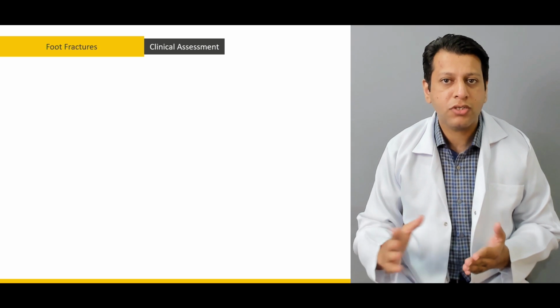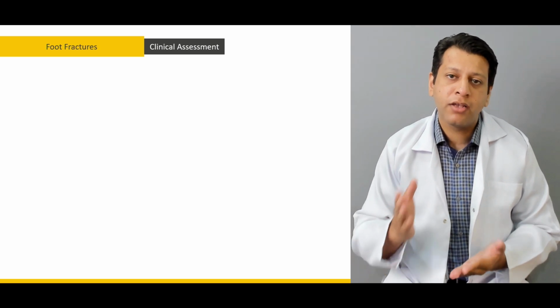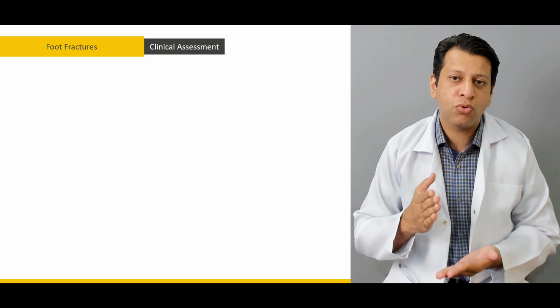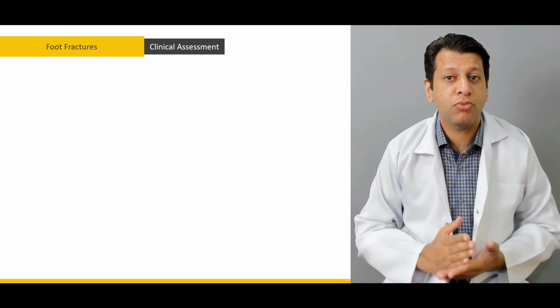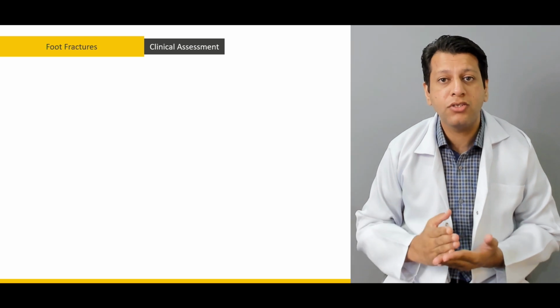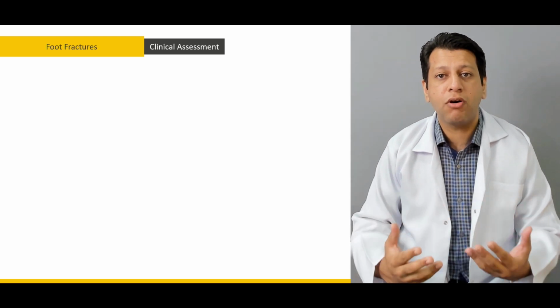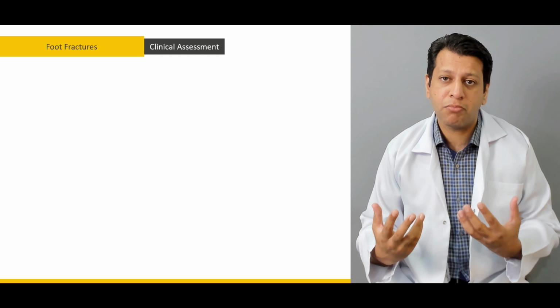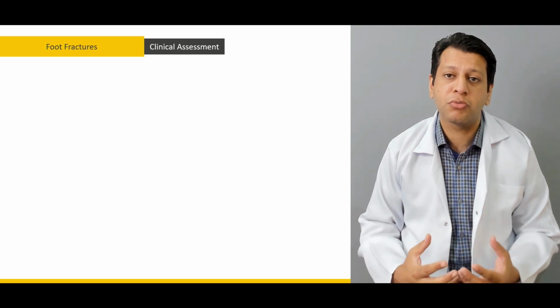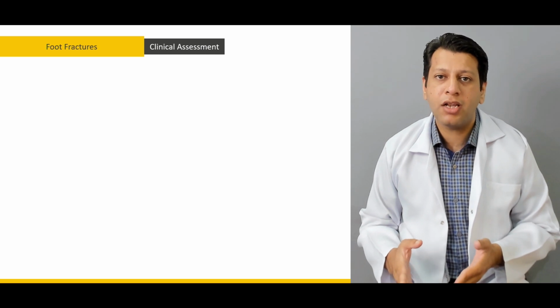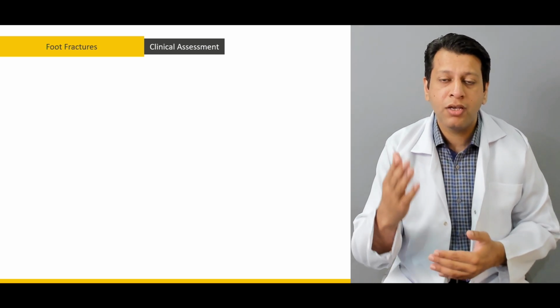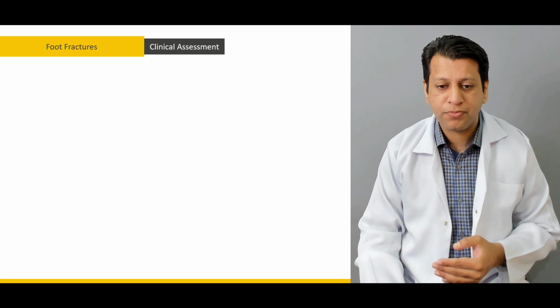If all these are okay, the patient is vitally stable, there is no life-threatening lung injury, no life-threatening abdominal injury, no life-threatening head injury, the temperature is okay, the patient is exposed, and there's no other injury, the only problem being the isolated talus fracture, then you move on to the assessment of the talus fracture.